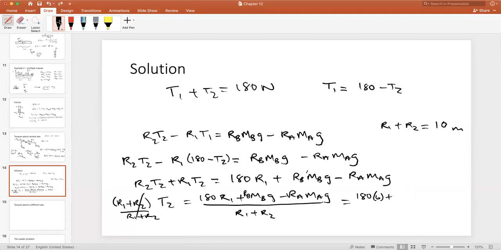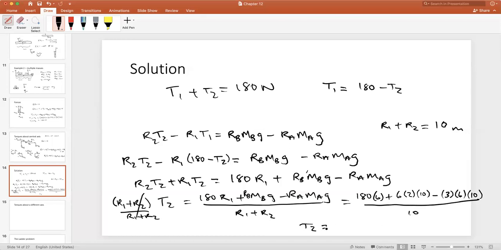RB was also 6. MB was 2 kilograms. G is 10. RA was, I'm sorry, RA was 3. MA was 6, and times 10 again. And then R1 plus R2 was 10.